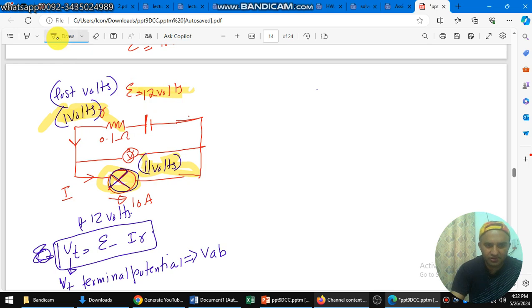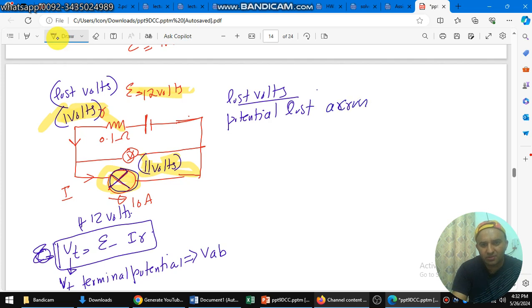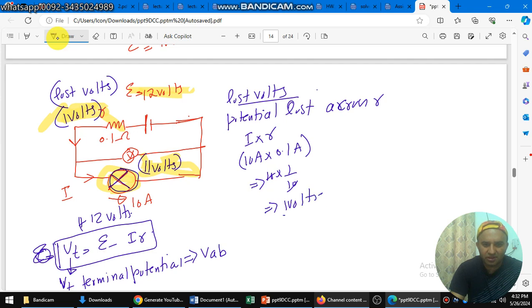So lost volt means the potential lost across small r, that is, lost volt is equal to current I times small r. The current is 10 ampere and small r is 0.1 ohm. So 10 multiplied by 1 by 10. It means 1 volt is lost across this small r.